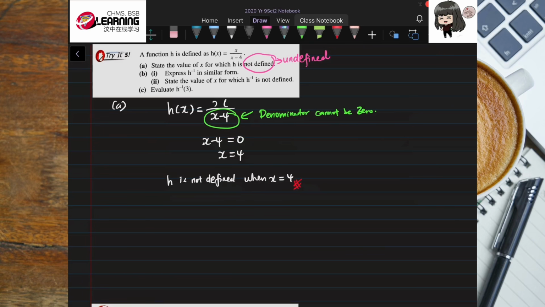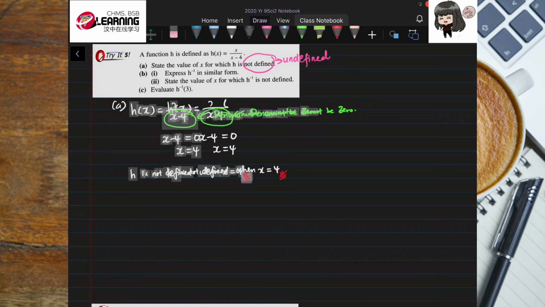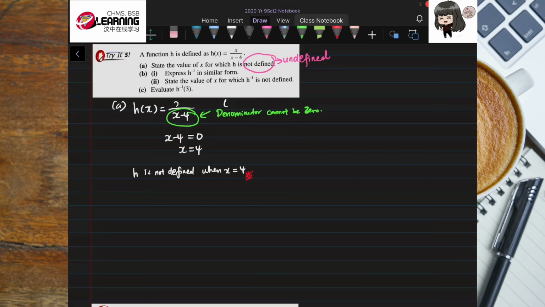Part B, first part. Express h inverse. First step, you let h(x) equal y.